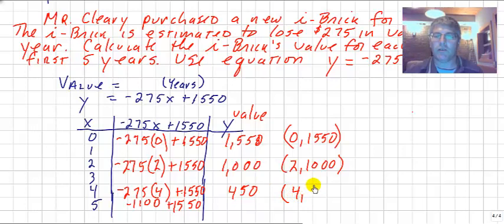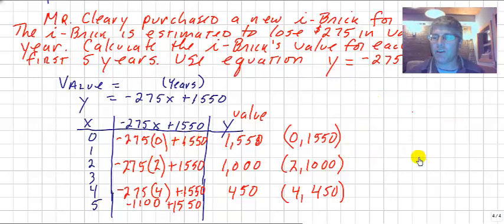So after 4 years, my value is down to $450. So not too long before my iBrick is pretty worthless. But there's an example of how we can use a linear equation to determine the value or apply it in a more realistic sense. So that's a good start to the rectangular coordinate system.